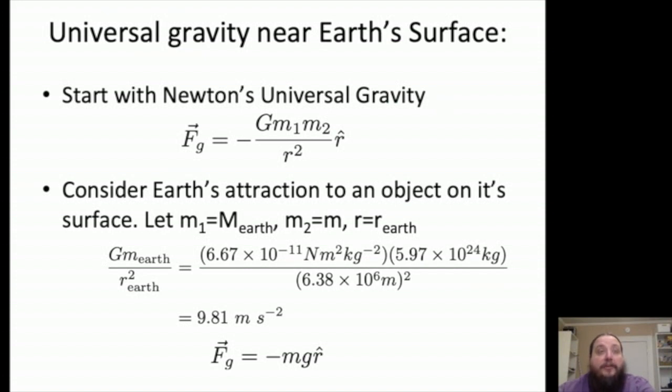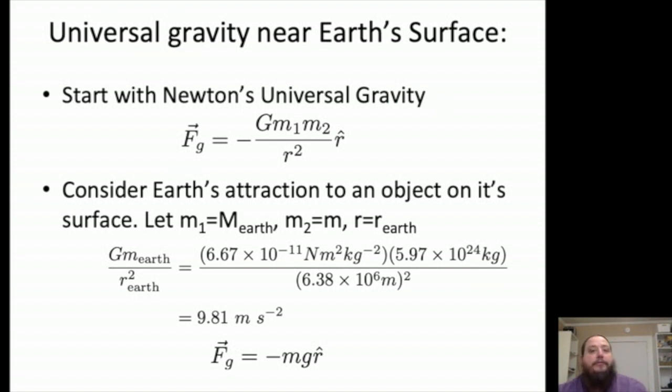So in other words, Galileo's gravitational acceleration constant is in fact Newton's gravitational constant times the mass of the Earth divided by the square of the radius of the Earth. And then if you use Newton's gravitational law, you recover Galileo's gravitational law.